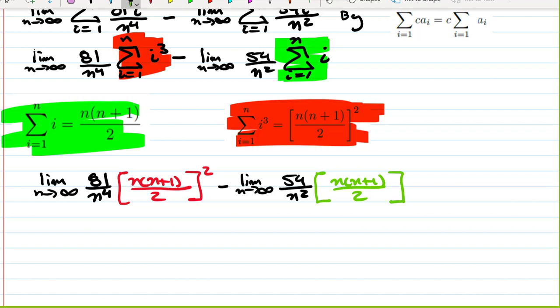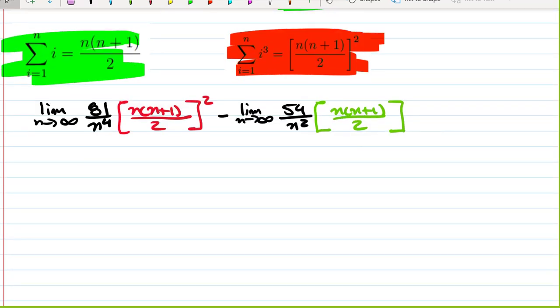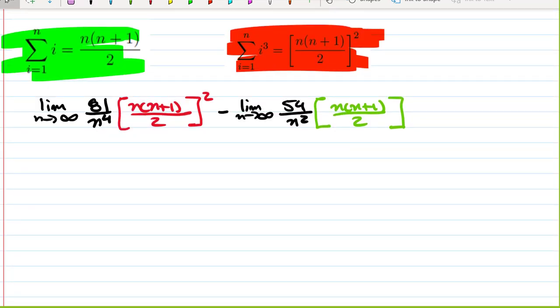So now we've eliminated our sums by using our known formulas. We now need to evaluate these limits. So we're going to have to do some algebra on each of these.